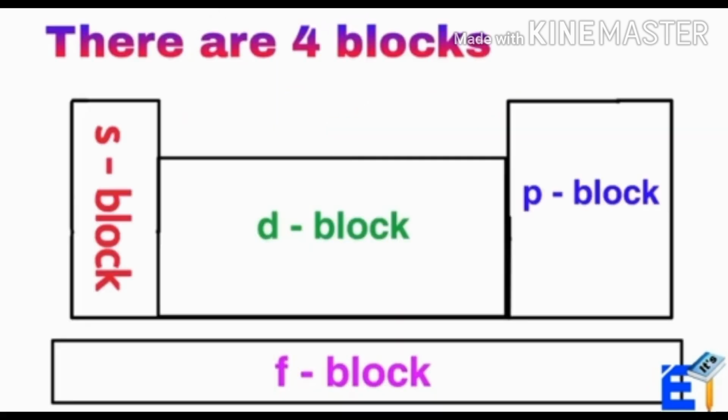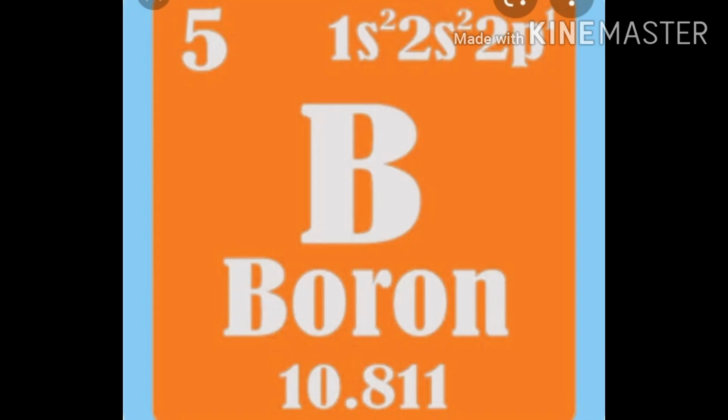Next, p block elements. P block elements are placed on the right side of the periodic table. The last electron enters any of the 3 p orbitals, like px, py, pz. Let us take one example, boron. Boron has atomic number 5.